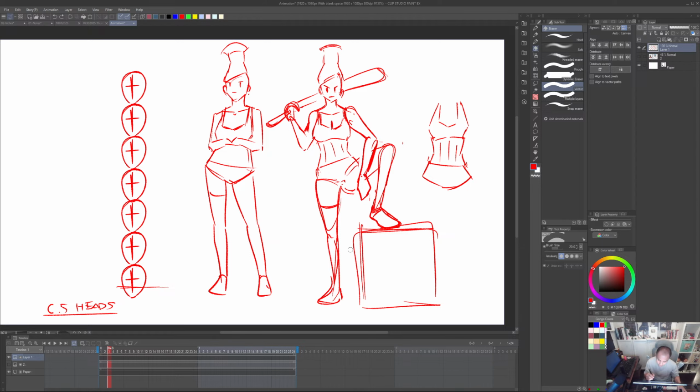Right now, I drew this one, and then I'm redrawing it because I already established where this leg is gonna go. So yeah, this speeds up the animation process.